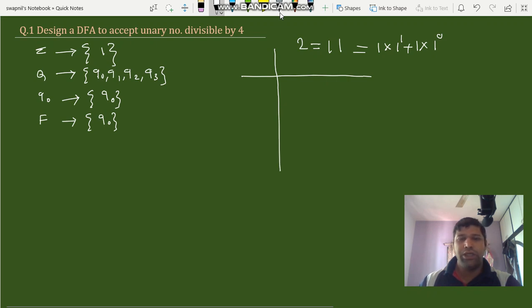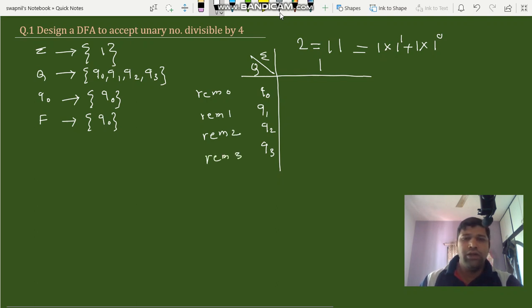Its input will be 1, and its states will be q0, q1, q2 and q3. These are the states for remainder 0, remainder 1, remainder 2 and remainder 3.